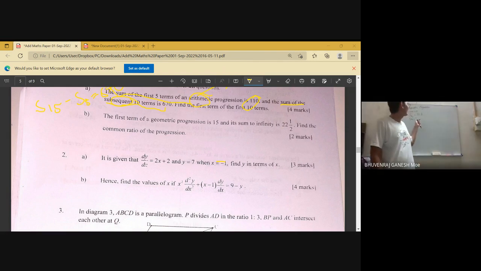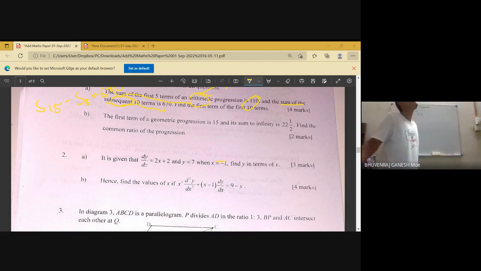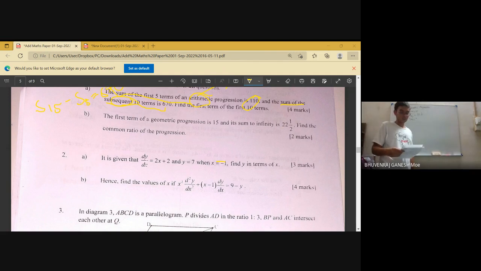Because actually the formula is only 1 minus R, no R minus 1. But why is it R minus 1 in some books or reference books? Not sure. But sometimes when you substitute R minus 1, you can get the answer, like for other reference books. I don't know about this one, because some reference books put R minus 1.